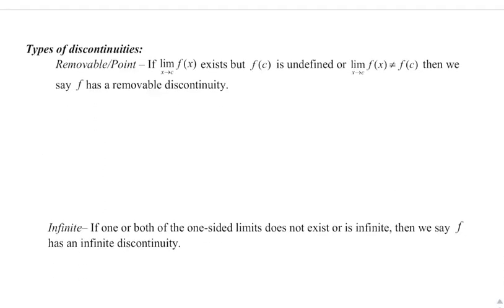This is where it gets fun. The first type of discontinuity is removable discontinuity. That's where the limit exists, and f of c exists, but it fails part 3. They don't match. The limit does not equal the value.